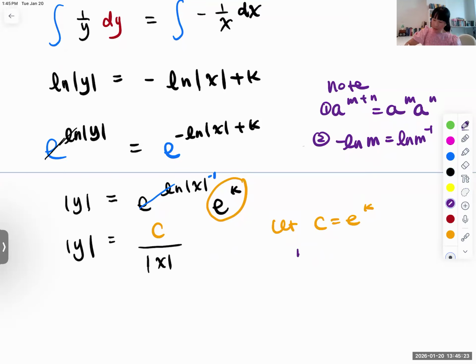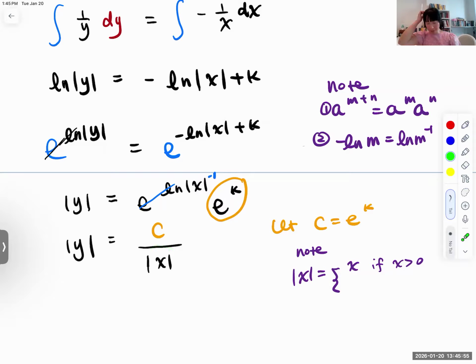Another note, right? So we knew that we have absolute value, then we get the x, positive x, that means all the x value is positive, right? If x is positive, or equal to 0, right? But then in that case, it's a denominator.